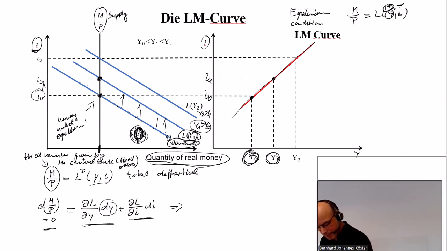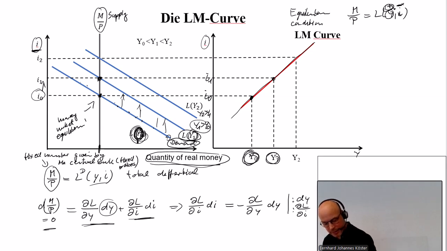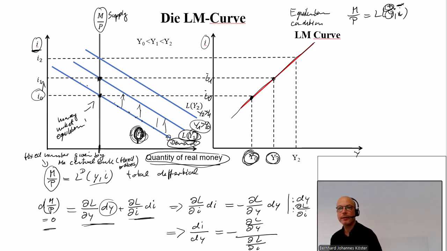So then we obtain del L del I di equals minus del L del Y dy, and now dividing by dy and dividing by del L del I. Now it's okay. So we obtain di over dy equals minus del L del Y over del L del I.